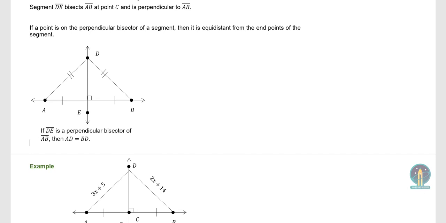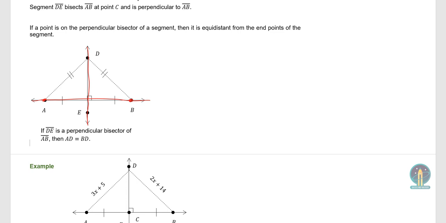If a point is on the perpendicular bisector of a segment, then it is equidistant from the endpoints of the segment. So again, we have the perpendicular bisector, this guy, and then we have the bisected segment, so AB.